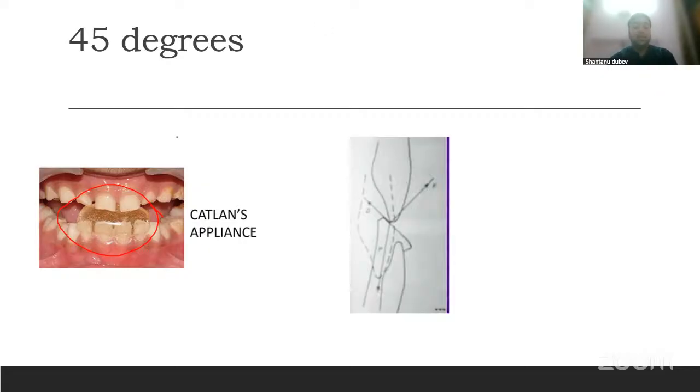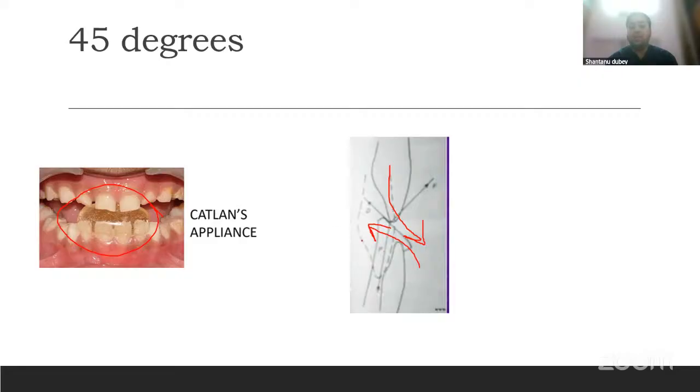Another option you have is that you give a Catlin's appliance. So you basically give a reverse bite plane kind of thing in the anterior lower region. This angle is 45 degrees. Always remember, this angle is 45 degrees. Whenever the patient bites, you can imagine that this will slide on this in this direction. Due to the action-reaction theory, a reverse action is applied on the lowers also.